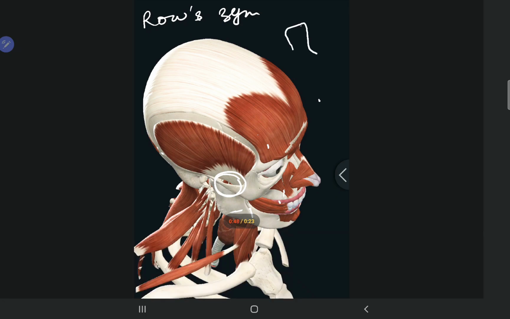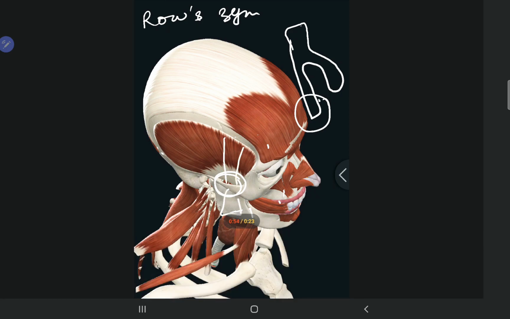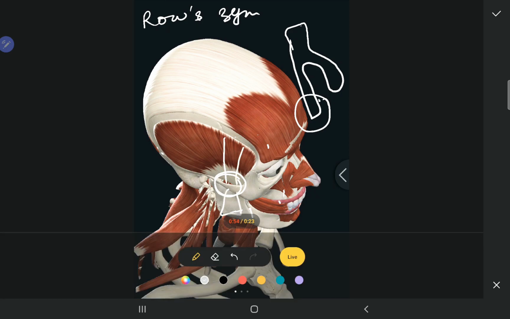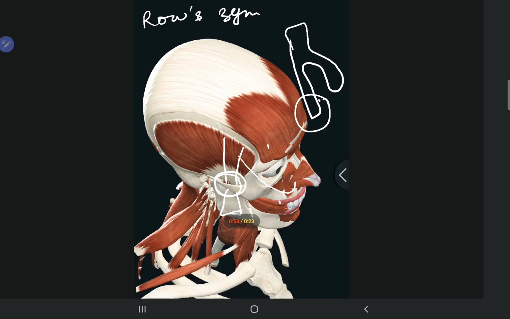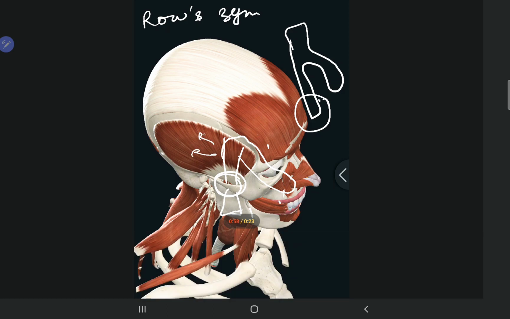This elevator has a structure something like this. This particular end, we put inside the zygomatic arch, and the other blade is the stabilizing blade, which is used just to stabilize so that the forces are not coming on the temporal region.